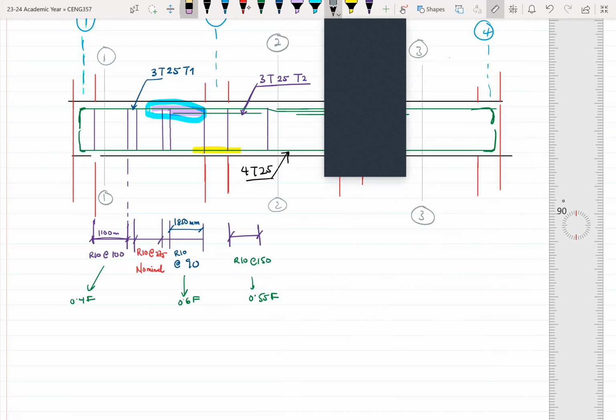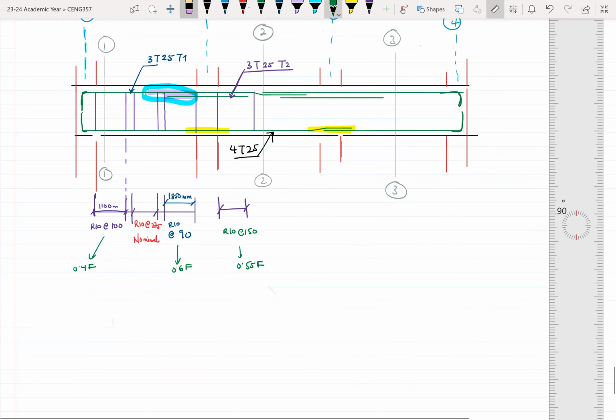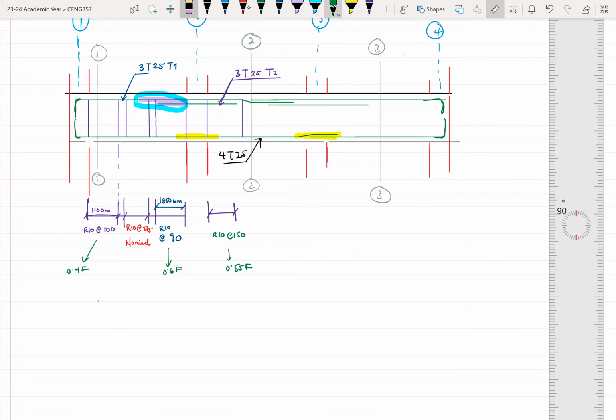So let's see how this looks. For section 1, 1, all the beams will have the same outline.